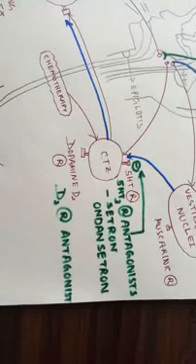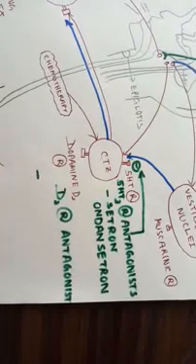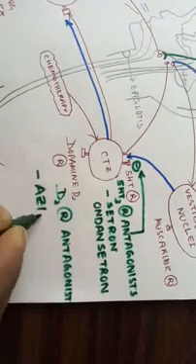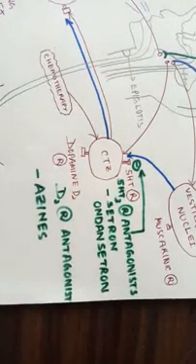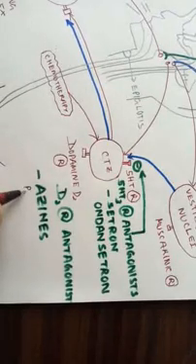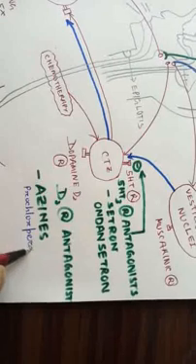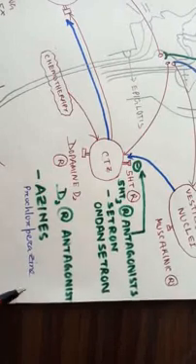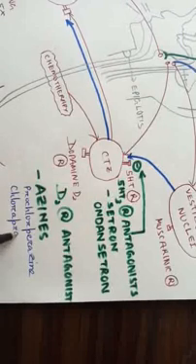The first group is azine, that includes prochlorperazine and chlorpromazine. These two are azines.